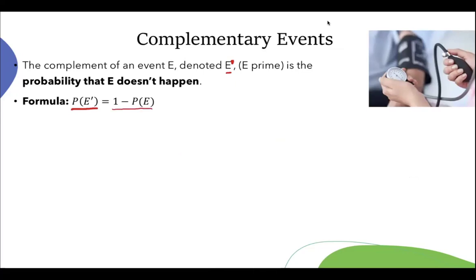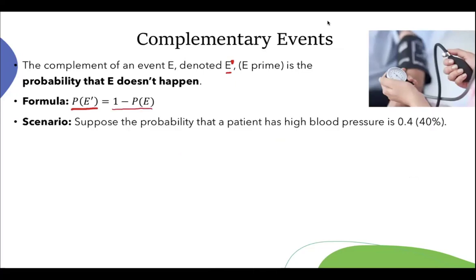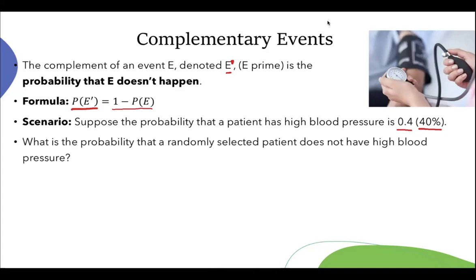So for example, let's suppose we know that the probability that a patient has high blood pressure is 0.4 or 40%. Let's put this in context. What's the probability that a randomly selected patient does not have high blood pressure?